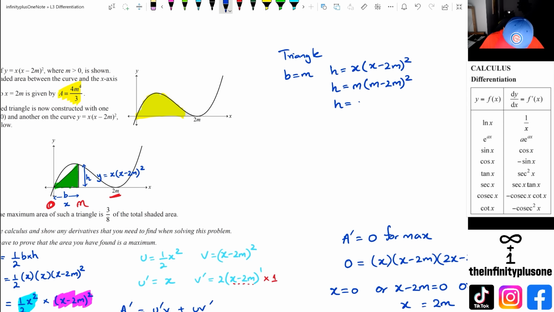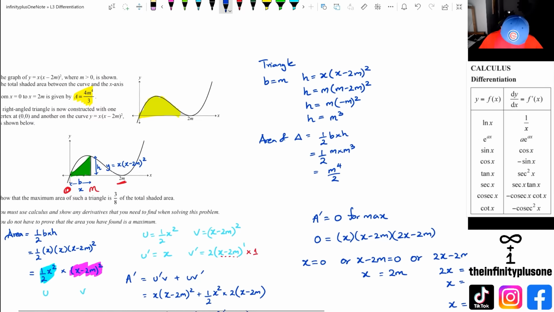So I'm going to get height is equal to m times minus m squared, and then the height of this is going to become m cubed. So area of triangle is equal to half base times height. I'm going to get half m times m cubed, which is m to the power of 4 over 2.